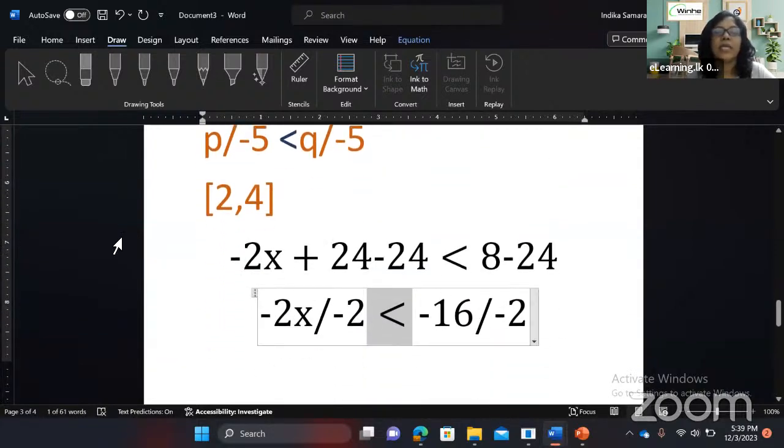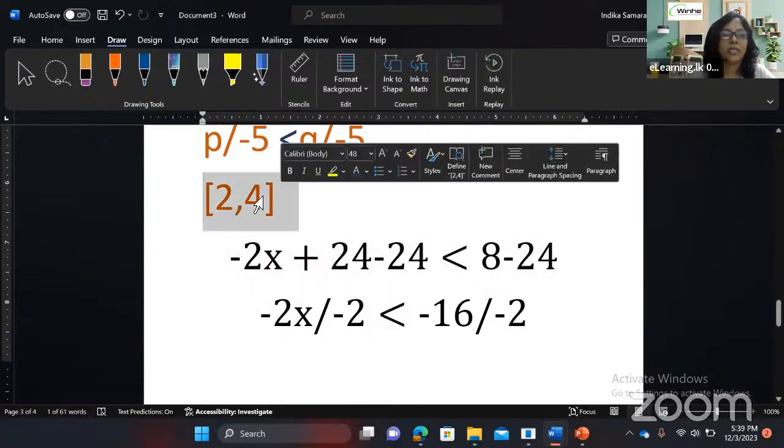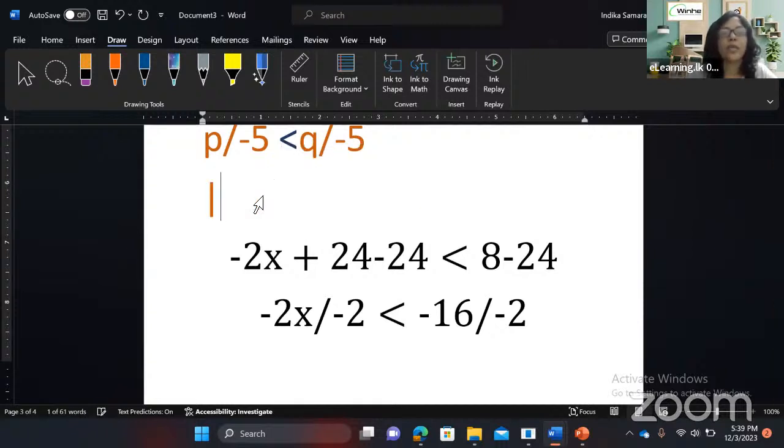Here, sorry, it is given as this, right? It shows that the absolute value of minus 2x plus 24 is less than 8.